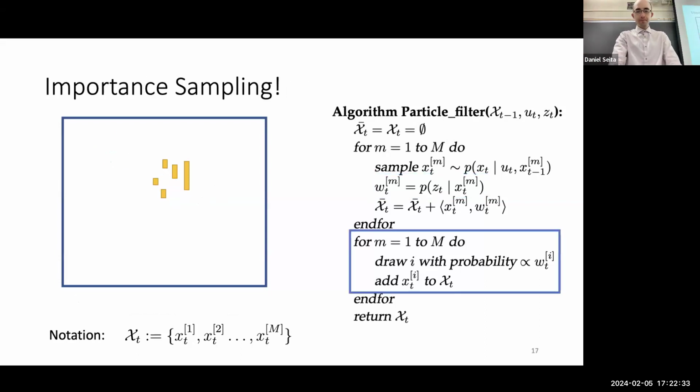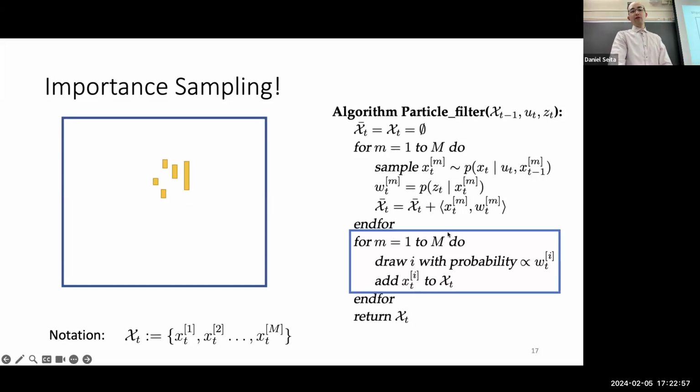All right. So here's what happened. We have a whole bunch of things that are in our set. But before we actually get the updated set of particles, we end up drawing a new set of particles.